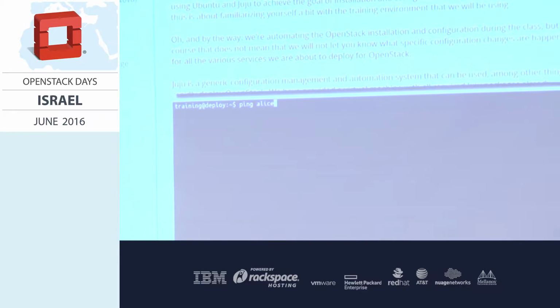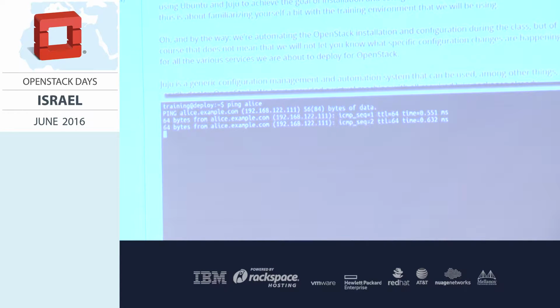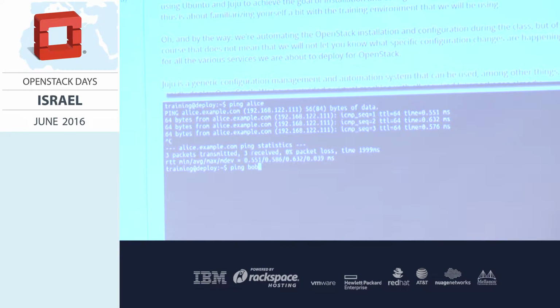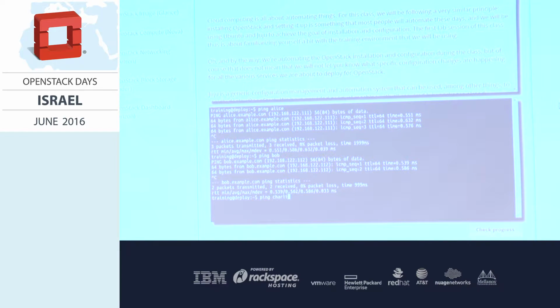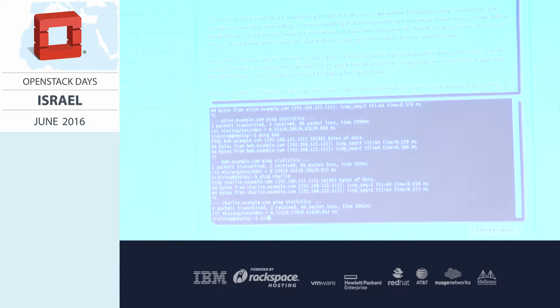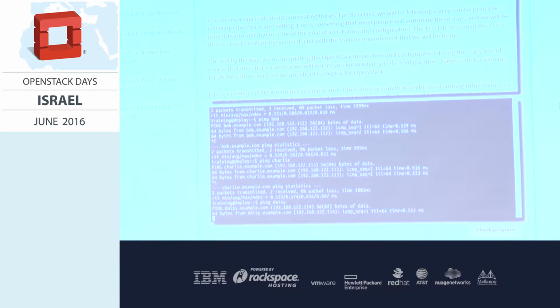And we call these boxes Alice. That's one. Then there's Bob. And then there's Charlie, and we've also got Daisy there, all right?